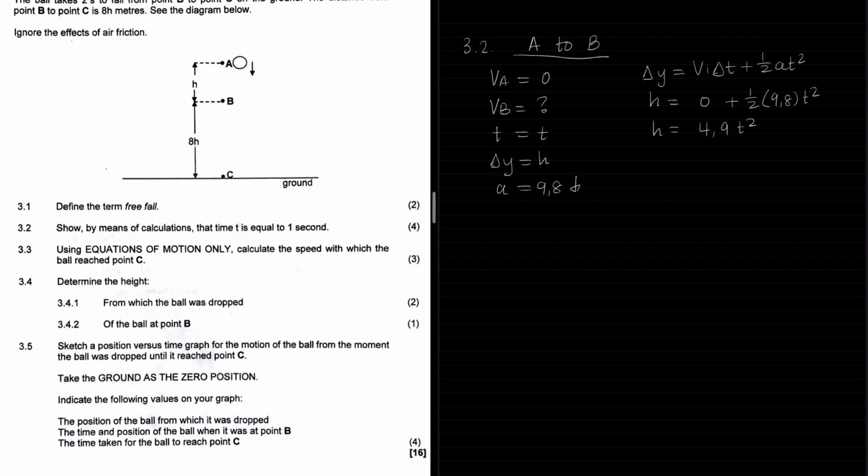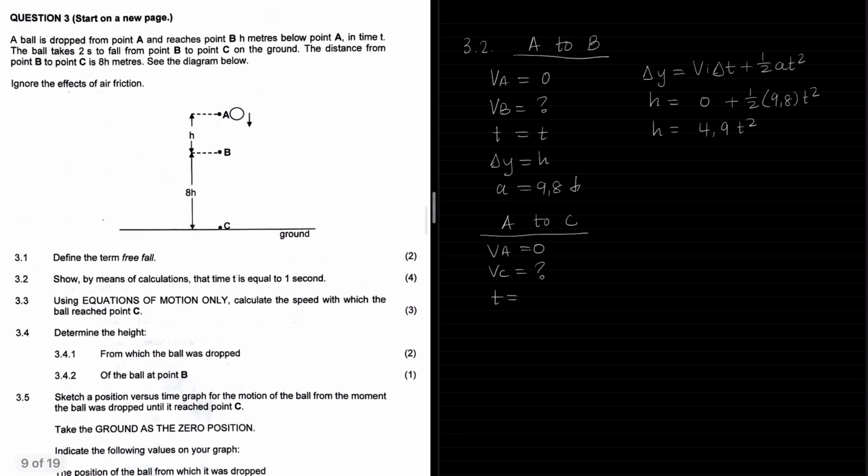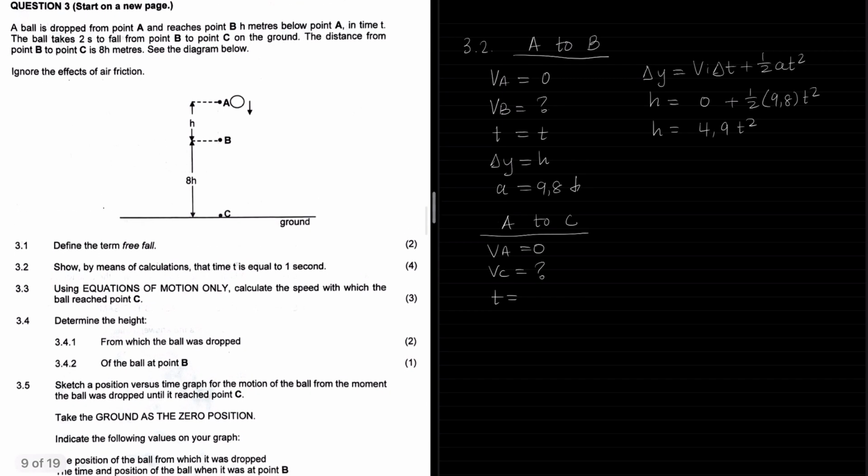Then I'm going to focus on A to C. I know VA is 0. I don't know VC. I know that the time is going to be t plus 2, and delta y is going to equal 9h.